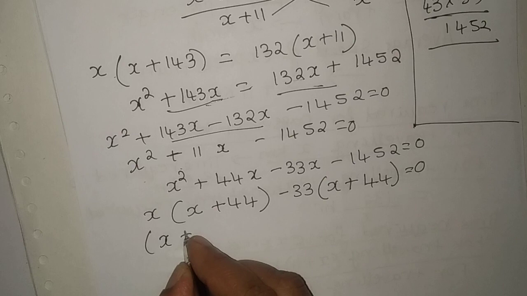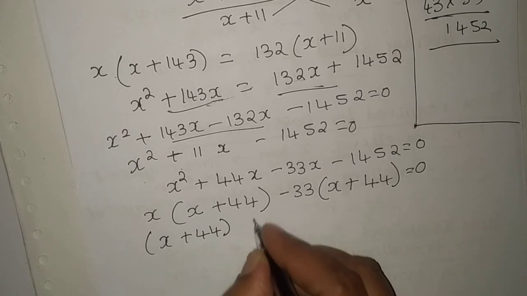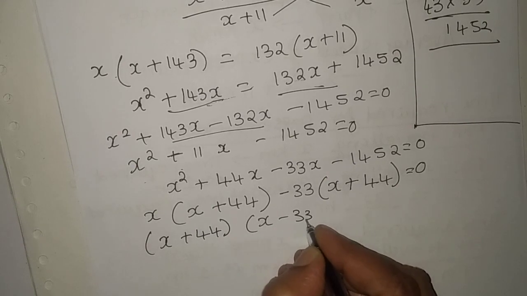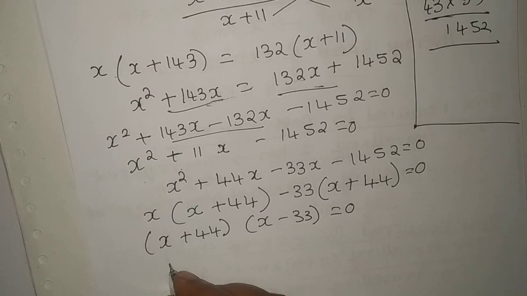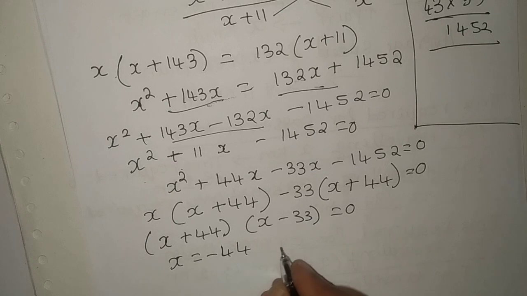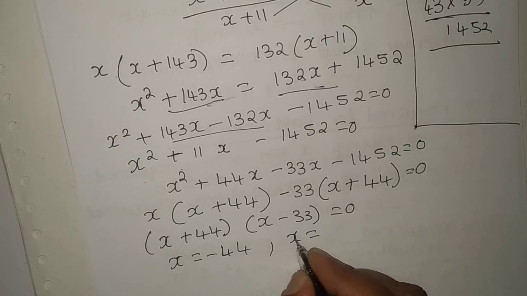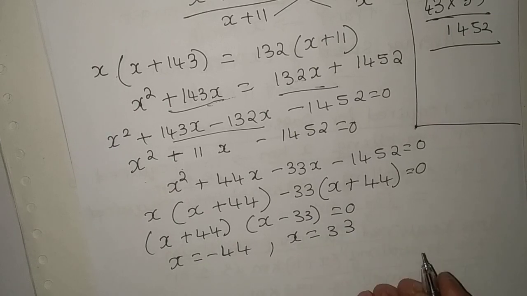Next, x plus 44 into x minus 33 equals 0. Now we get x equals minus 44, and x equals 33.